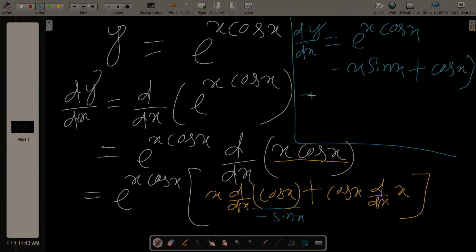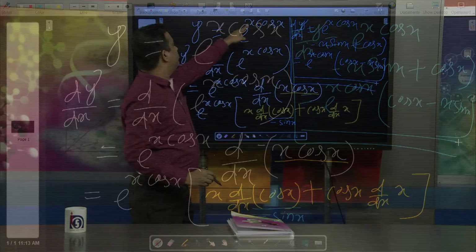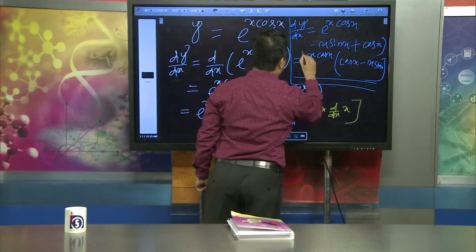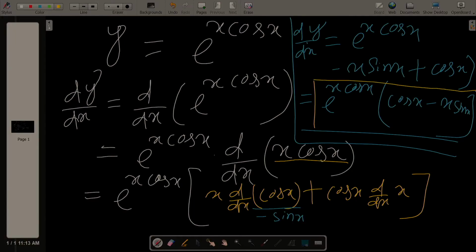Okay. Again I can simplify e raised to the power x cos x, that means I can write e^x into cos x minus x sin x. This is the answer. I can say the derivative of y equal to e raised to the power x cos x is equal to e^x into cos x minus x sin x.